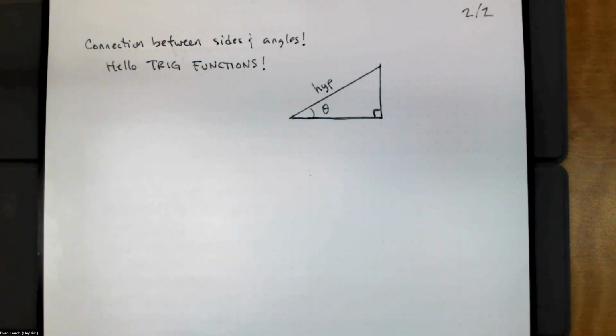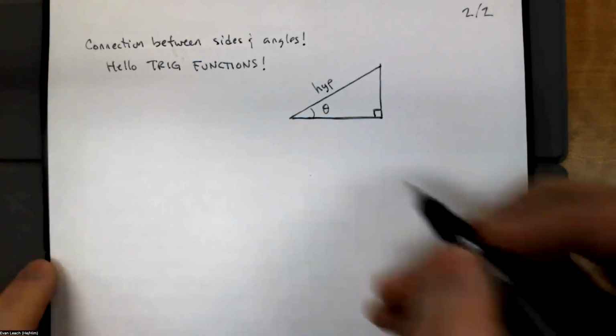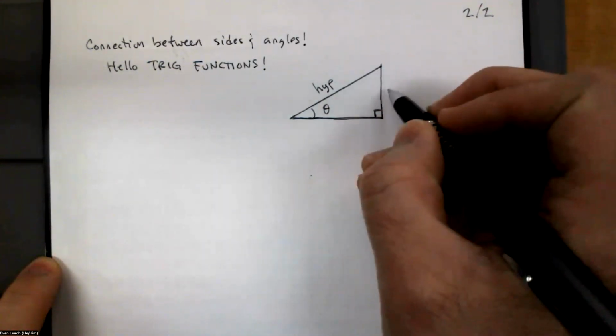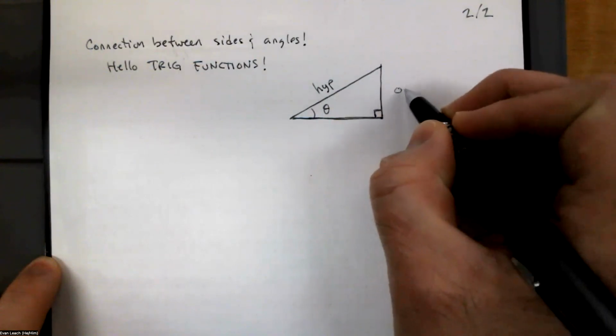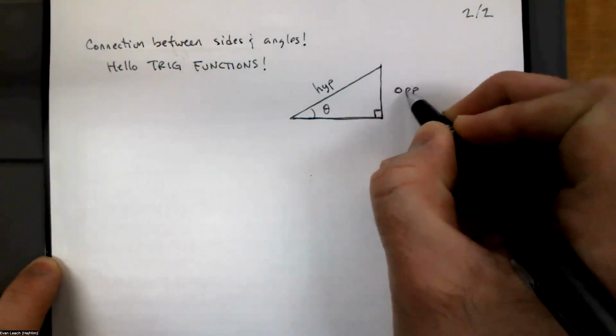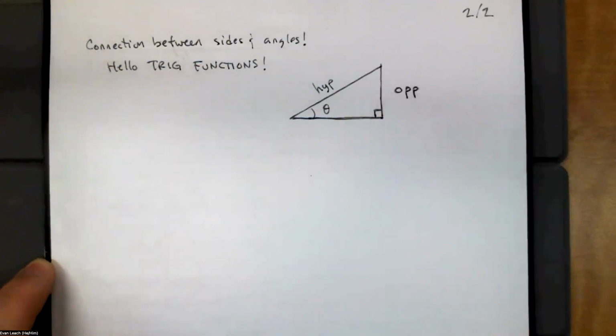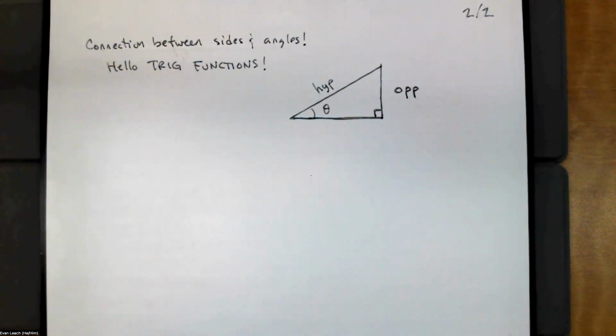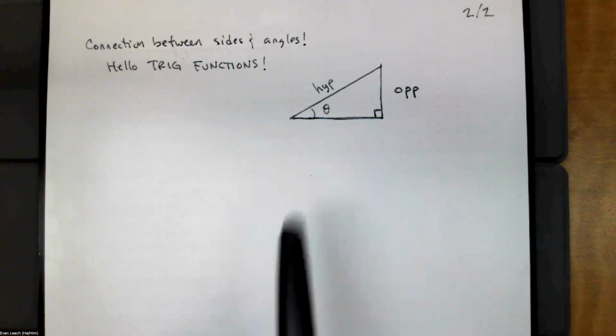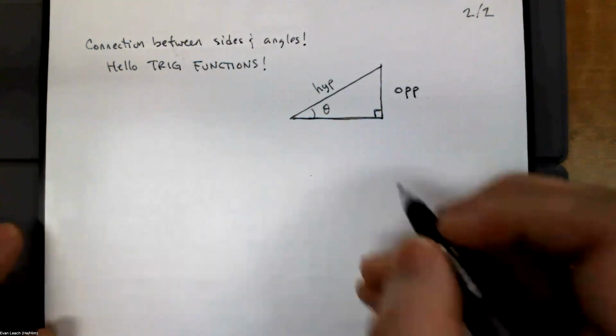The hypotenuse, always the hypotenuse. But I can refer to this side as the side opposite theta, and we'll abbreviate that op. Some of you know this already. What am I going to call the other side? Adjacent.